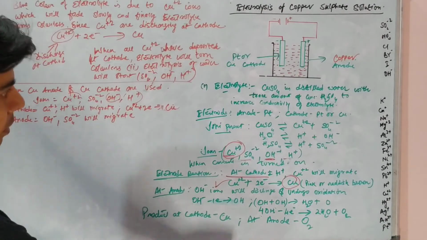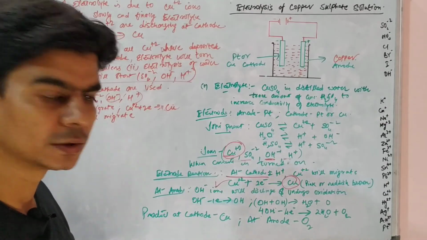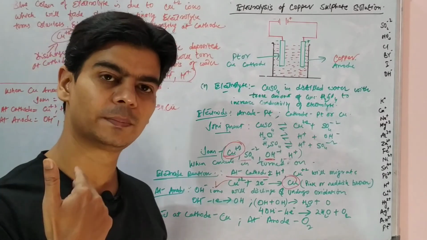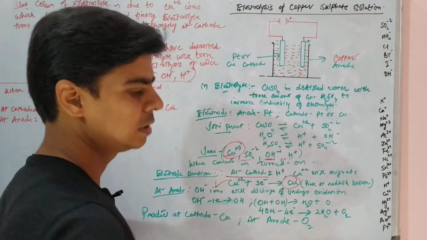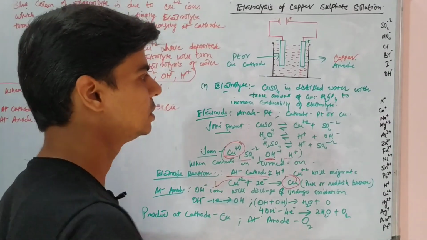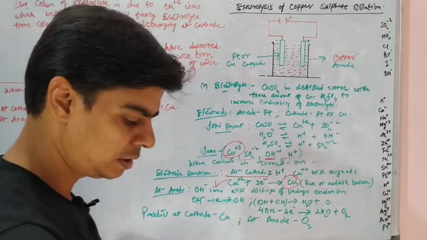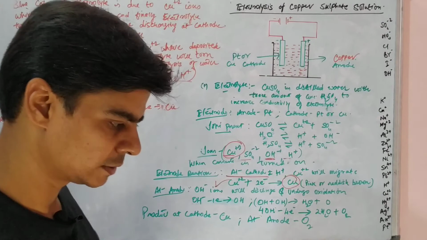In this case, when a platinum anode was used, it was OH ions that were preferentially discharged, forming oxygen gas, because OH ion is below sulfate in the electrochemical series of anions. So OH ions will preferentially discharge, but in this case it would be different.